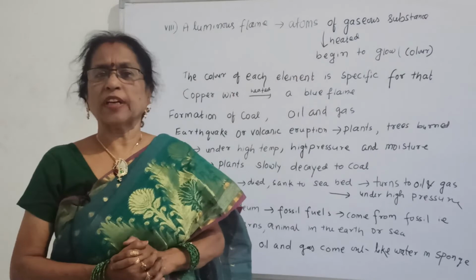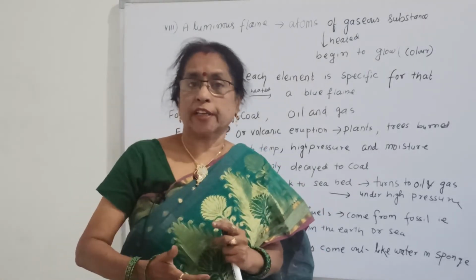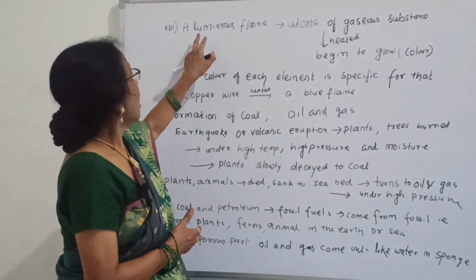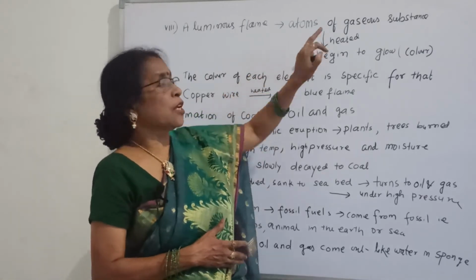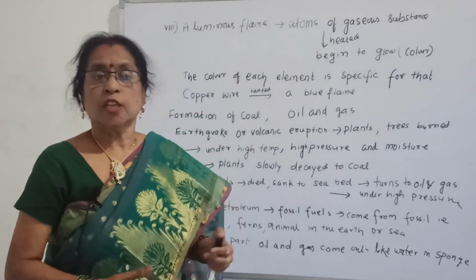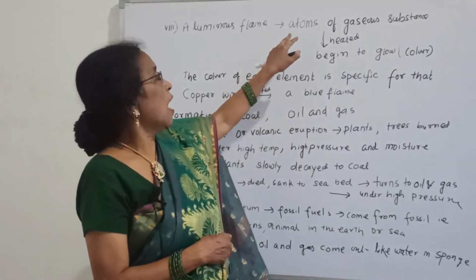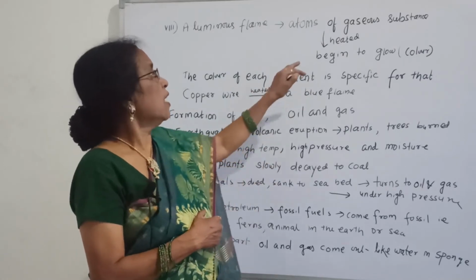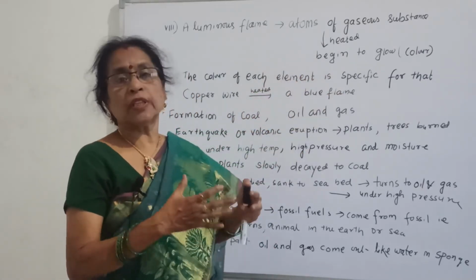Now we will see what a luminous flame is, and how it is related to metals. Now see, a luminous flame is obtained from atoms of the gases of the substance. Suppose copper, sodium, potassium: these are atoms of gaseous substances. That means when heated, they begin to glow with color.